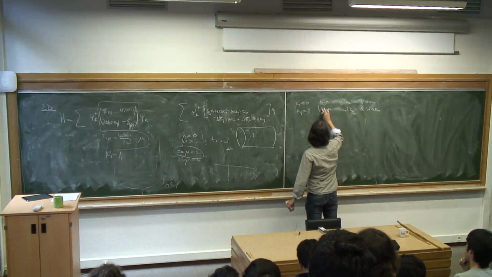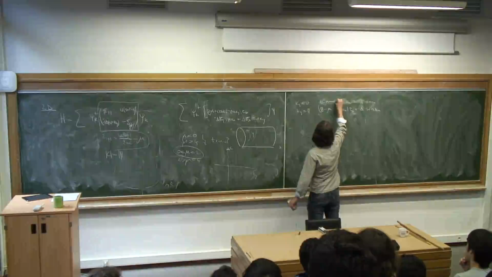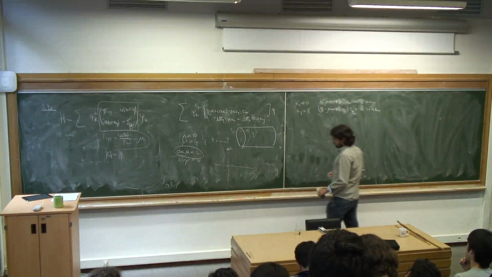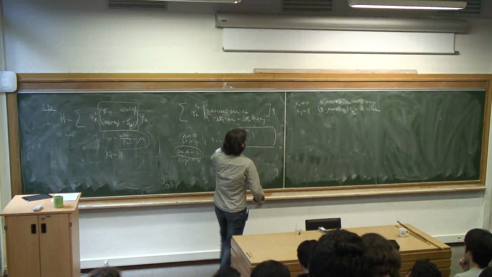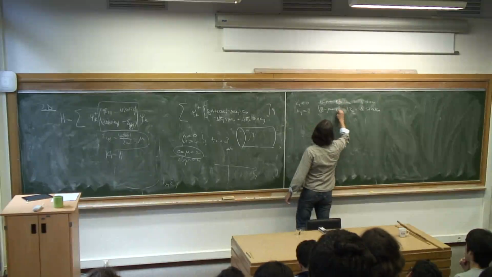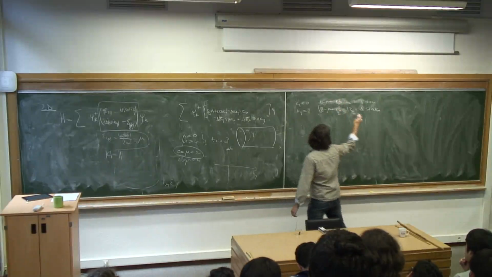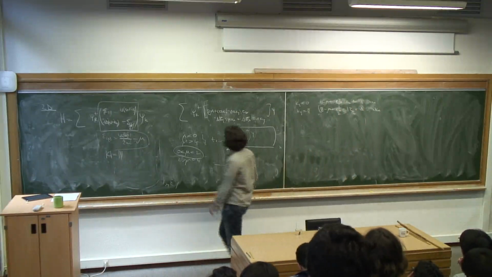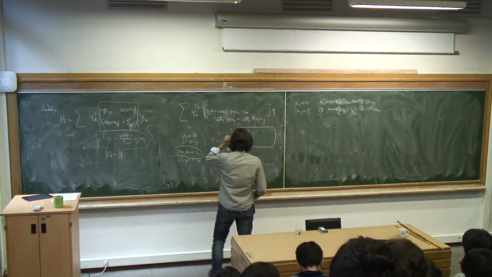Let's just do this: 2 minus mu plus kx squared over 2. I'm just making a small kx approximation, and I'm just trying to make contact with the Kitaev model. Make it sine of k.